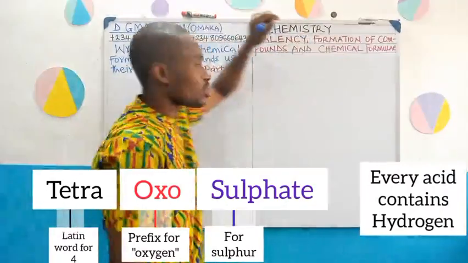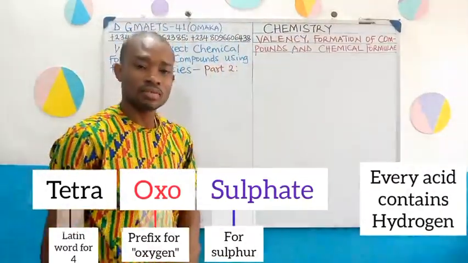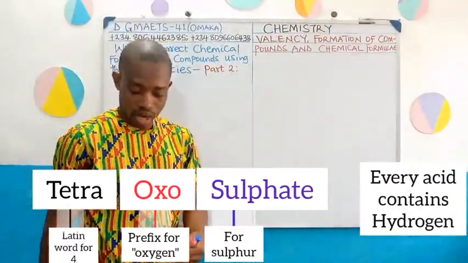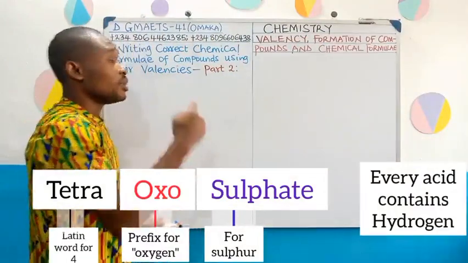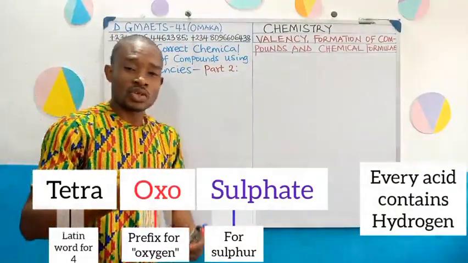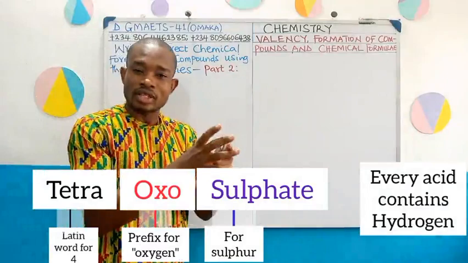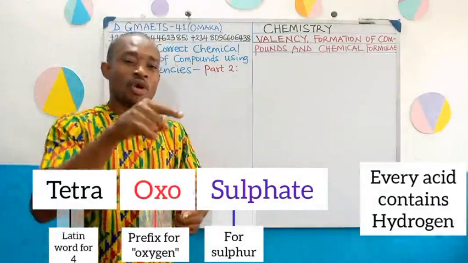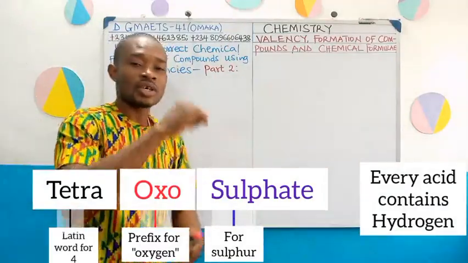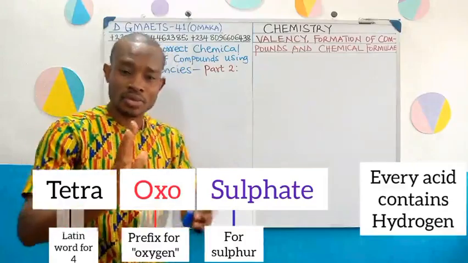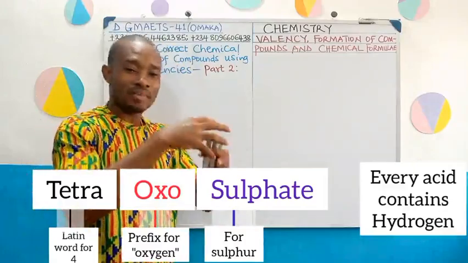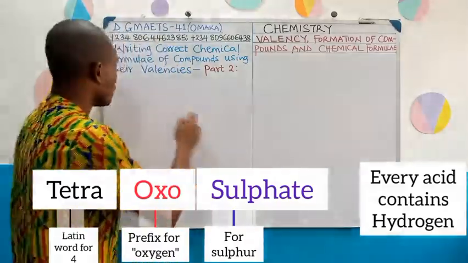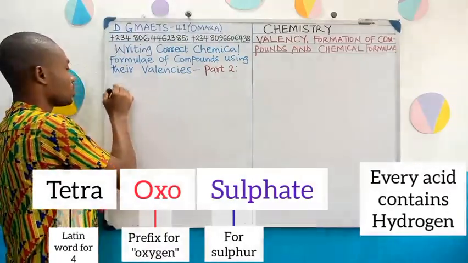So it contains 3 elements: hydrogen, sulfur, and oxygen. Now, the sulfate 6 is the sulfate radical. That is SO4 because it had tetraoxo, so it has the SO4 2- radical, of course combining with hydrogen.